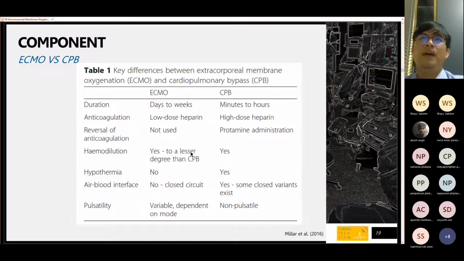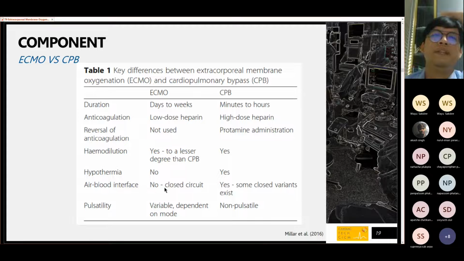Hypothermia: for ECMO it's an option, while CPB involves hypothermia almost 99% of the time. Air-blood interface: do you know the closed circuit and open circuit?